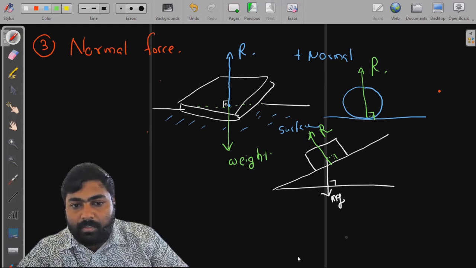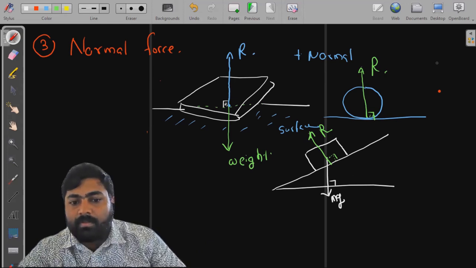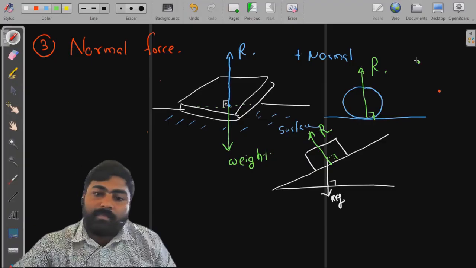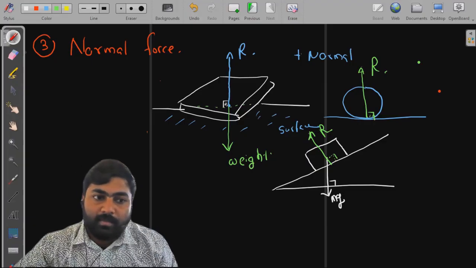Then tell me, sir, the weight and the normal force are not in a straight line, right? It is like this. Actually, I will come to that point.